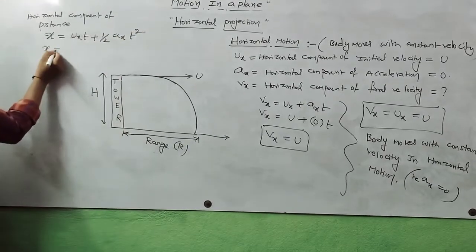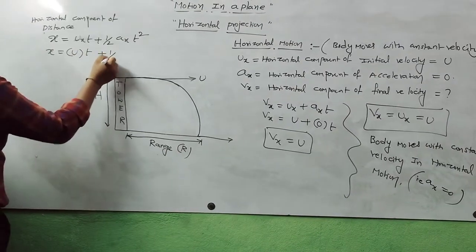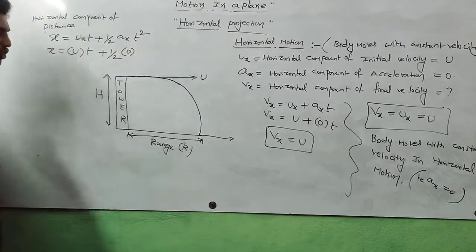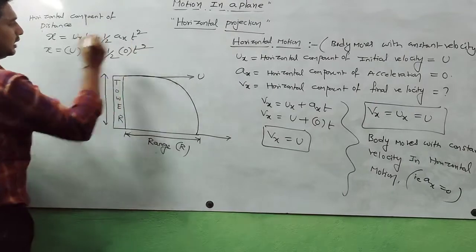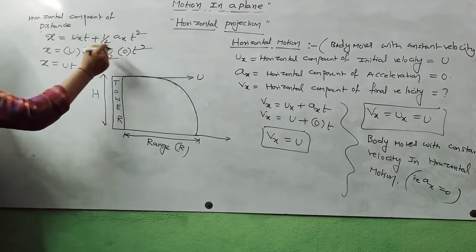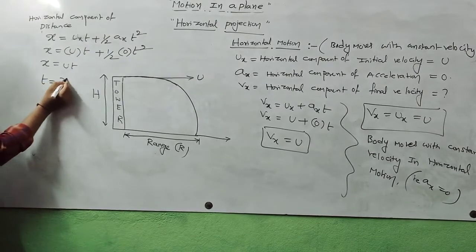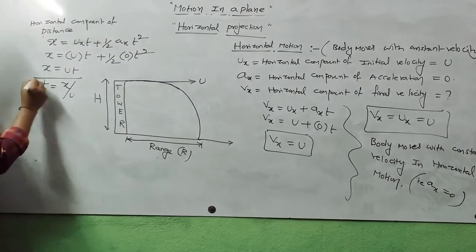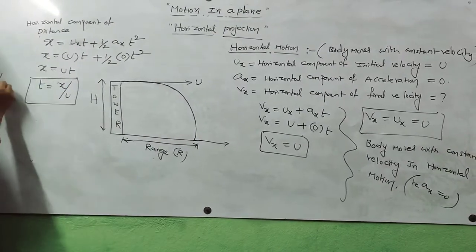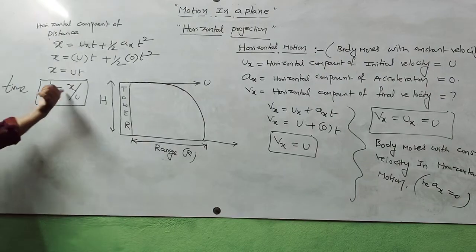Here ux means u, and ax value is 0. From this, x is equal to u into t. So from this, t is equal to x by u.